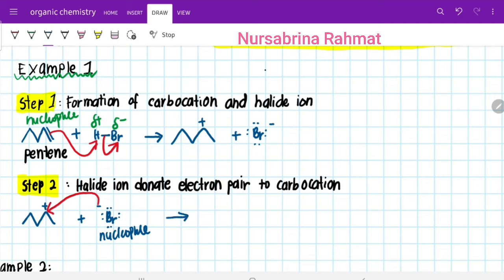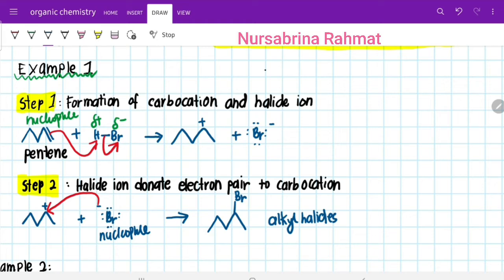As a result, we have this structural formula, and Br is added here. That is your new alkyl halide. You're going to learn how to name this alkyl halide when you learn chapter 7 later on.